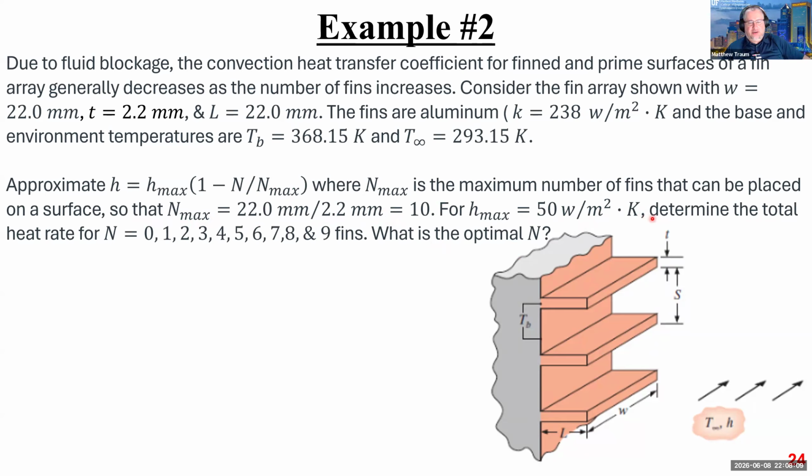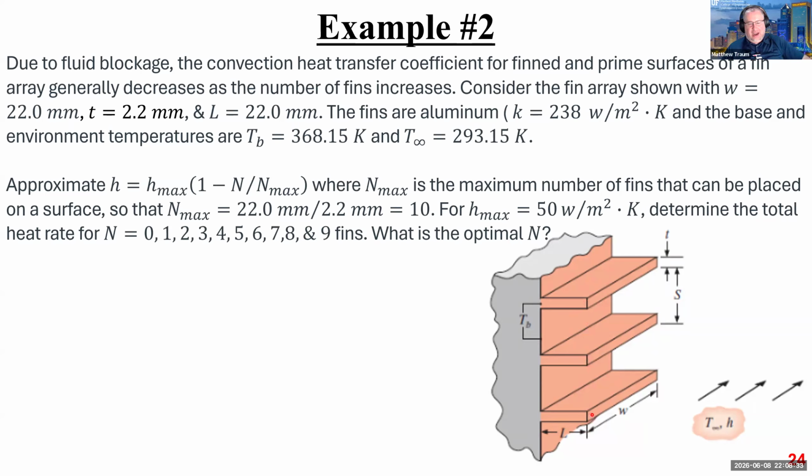And so we're asked, for that H value, to determine the total heat rate for one fin, two fins, three fins, four fins, and so forth, all the way up to nine fins. And then we're asked to determine what the optimal number of fins is. And as we'll see, as we add additional fins, the benefit of adding fins goes down from an overall heat transfer rate.